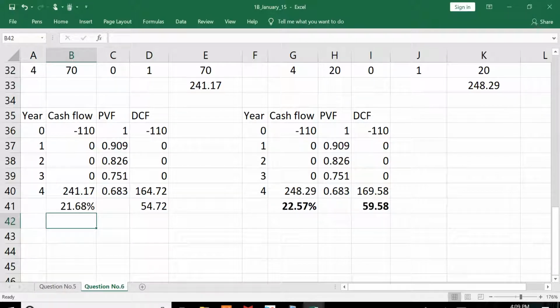$241 and $248, and we get to know 22.57 is modified IRR, 59.58 is modified NPV for the second project, and that is better. NPV as well as IRR, the second project is better.